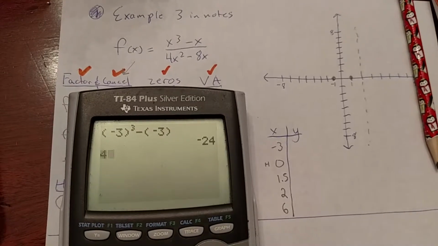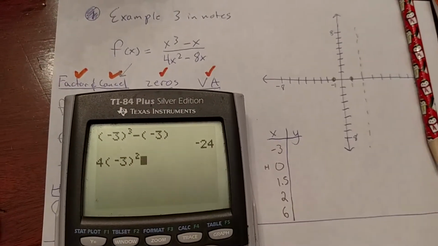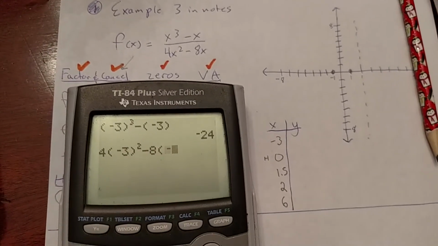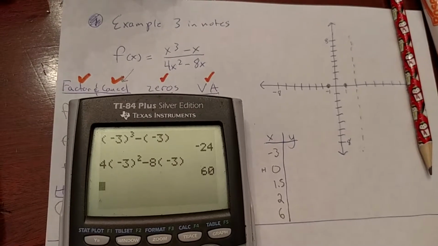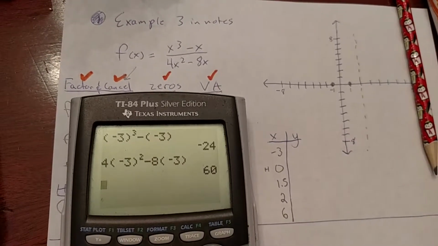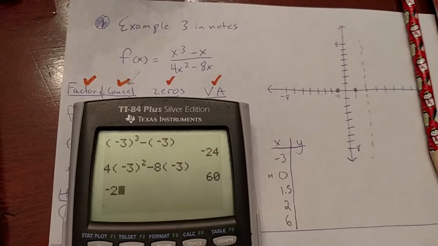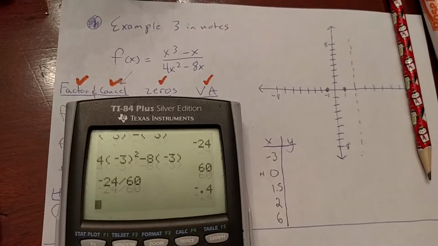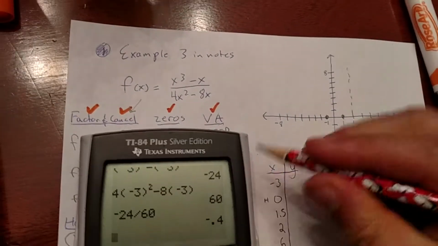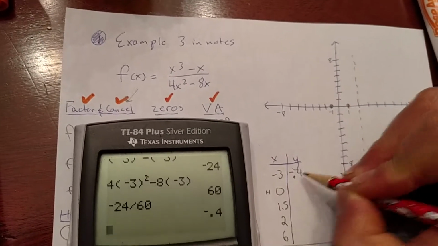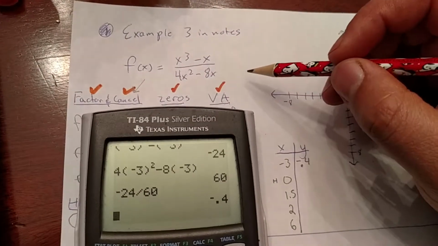And then 4, -3 squared minus 8, 60, okay? So let me double check my calculations. Those seem to be right. All right, so then I do -24 divided by 60. Okay, this is -0.4. All right, some of these I'm going to do in my head because y'all don't want to watch me do all these calculations all day long.